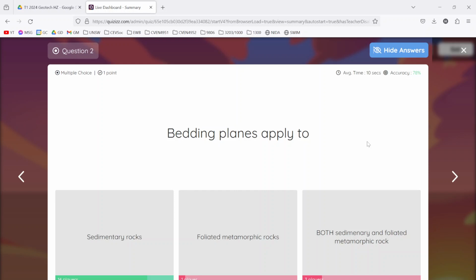If you went to the rock lab, you see foliated metamorphic rocks have these kind of stretched layers, but those aren't really due to sedimentary layers. What happens is that you have your local metamorphism and you have your regional, right?